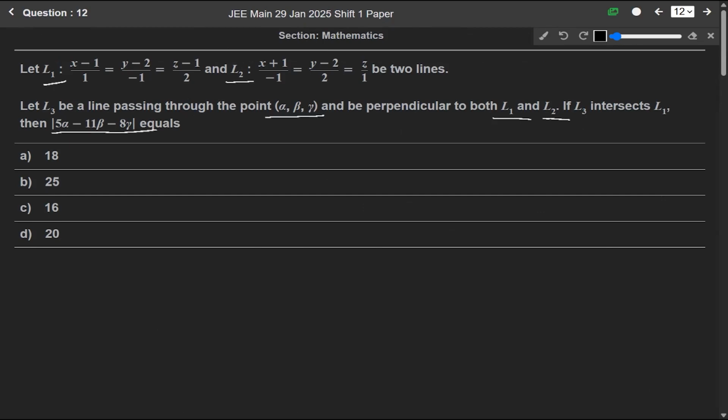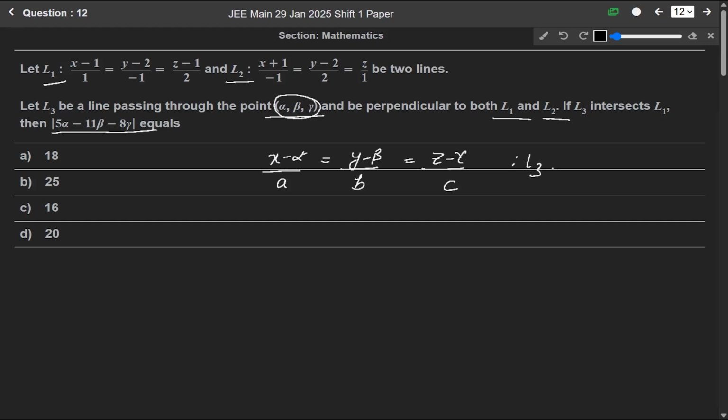For this, we can write the line equation as x minus alpha over A equals y minus beta over B equals z minus gamma over C. This is for line L3, since it is passing through alpha, beta, gamma.